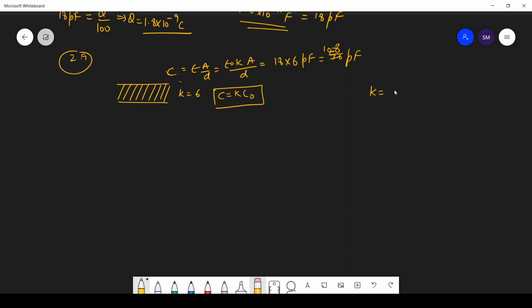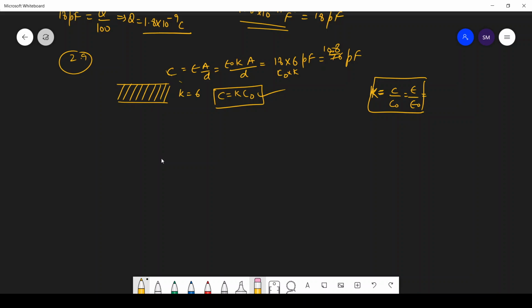So K is equal to C by C naught, which equals epsilon by epsilon naught also, but we did it yesterday also. So it's better to directly write this formula: C is K into C naught.